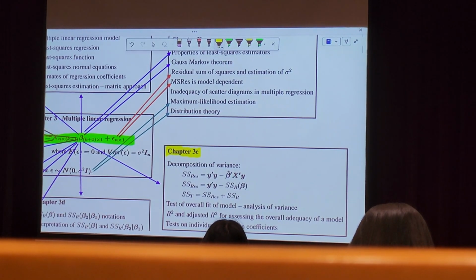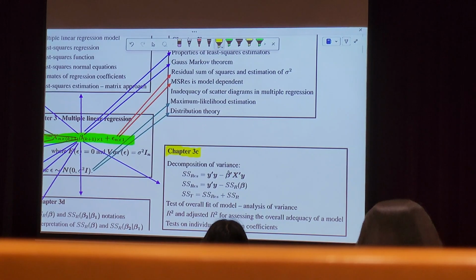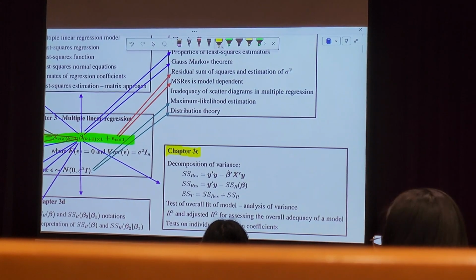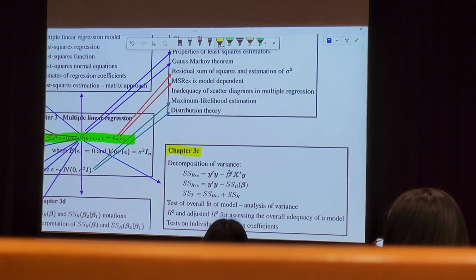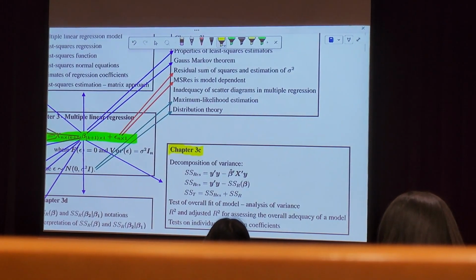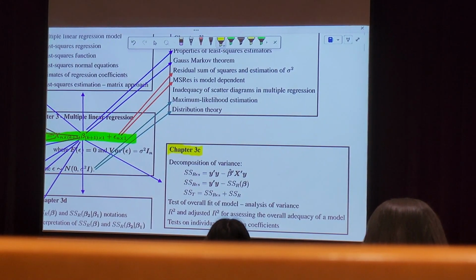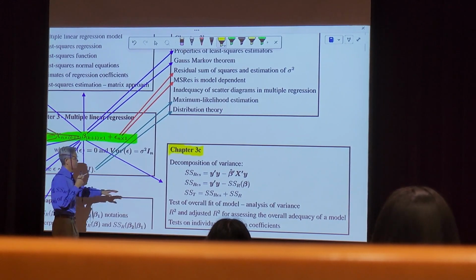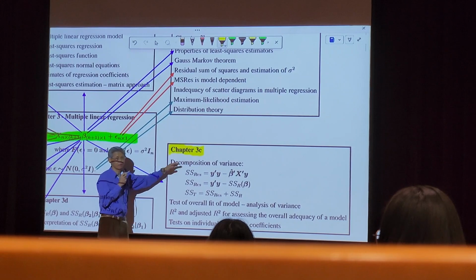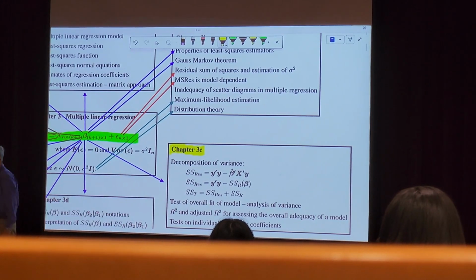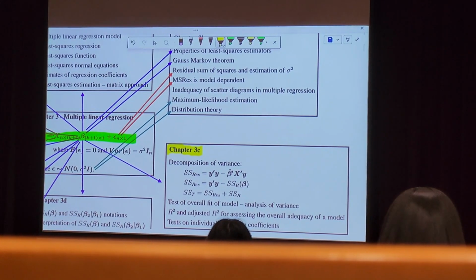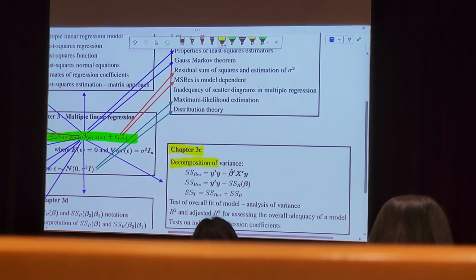The last range is the proportion of variation in y explained by the regression model. So here is the decomposition of the variance.